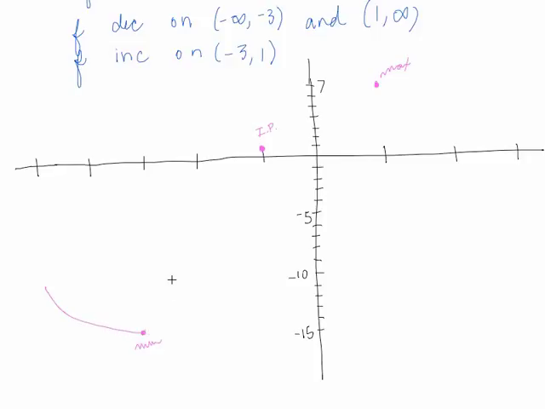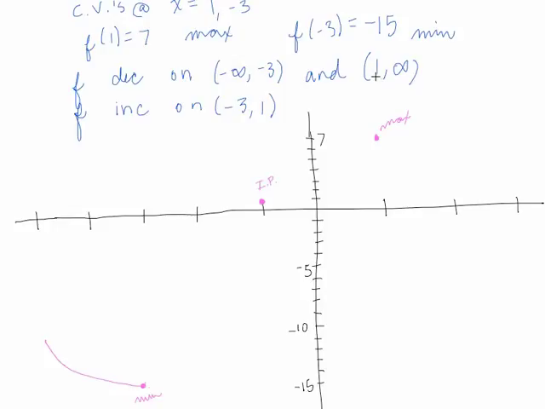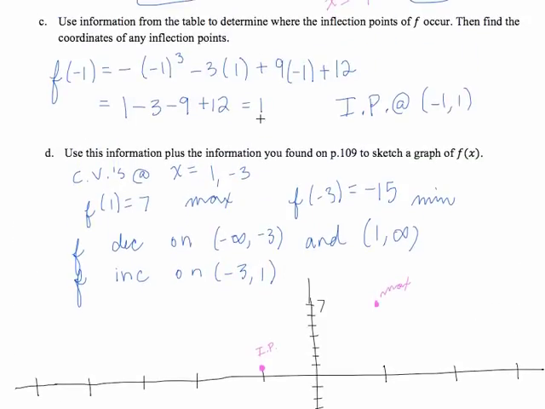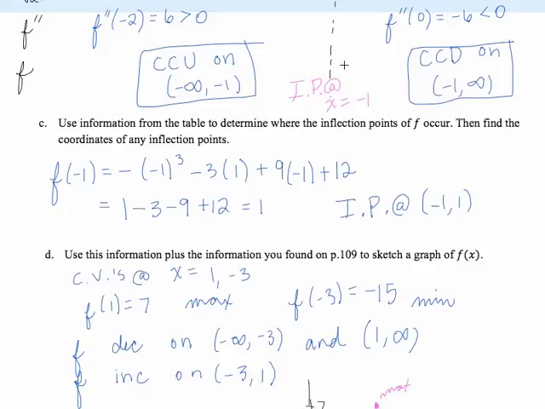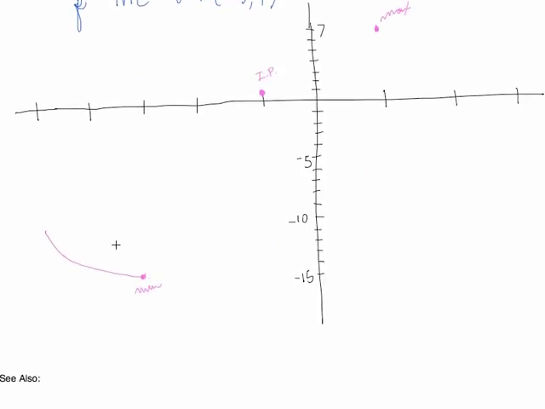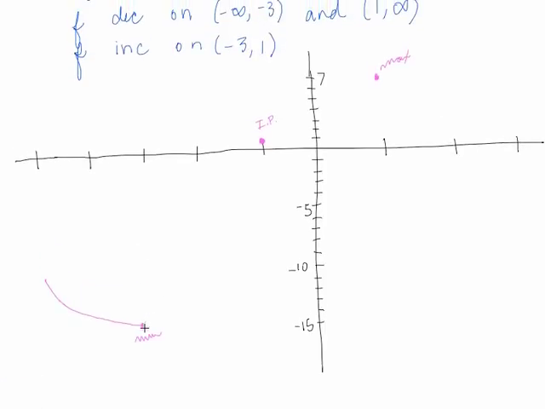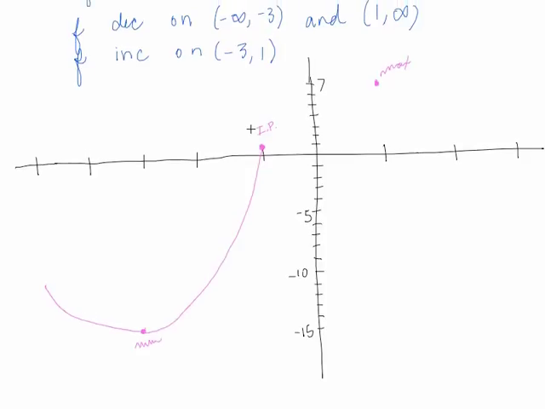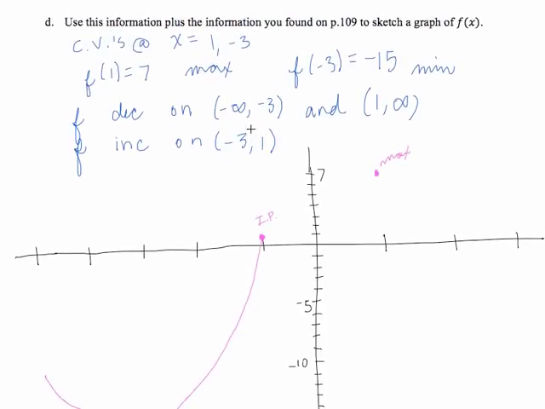And then it's increasing from -3 to -1, and it is also concave up on that interval also. I think I may have previously stated that incorrectly. So it's increasing and concave up from there to there. Then we know that it is increasing from -3 to 1.